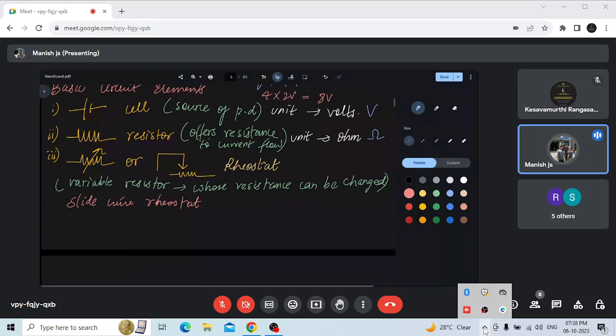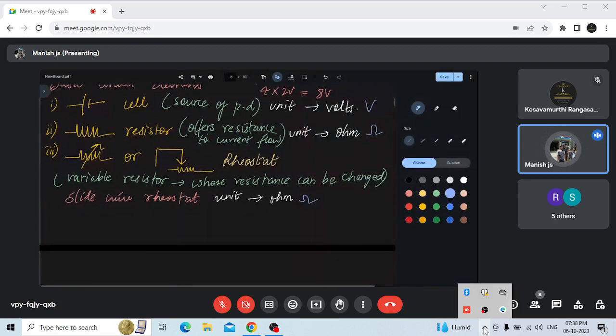You can slide the rheostat. There is a slider on the top by which you can vary the resistance. Is it clear, children? What is the unit of rheostat? The unit is ohms, because again you can vary the resistance, so the unit is going to be the same. So that is about the rheostat.